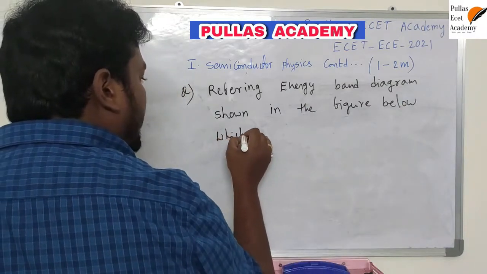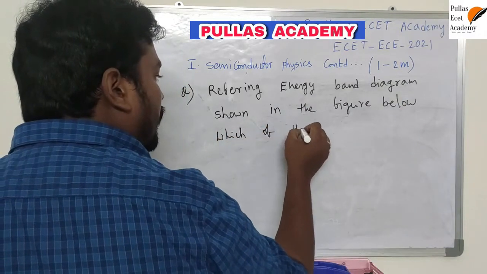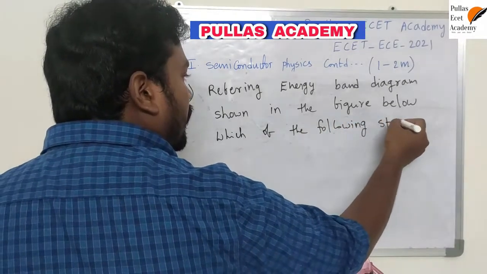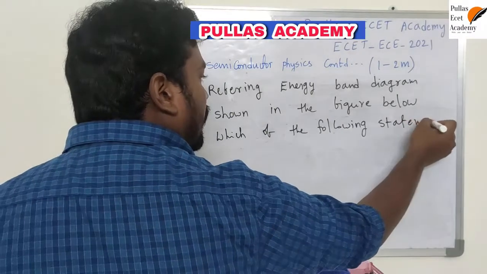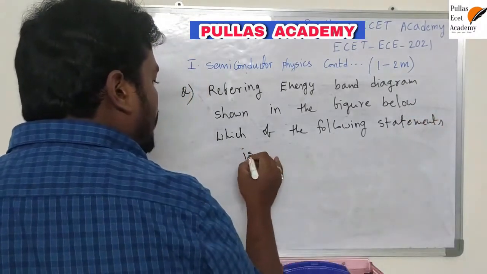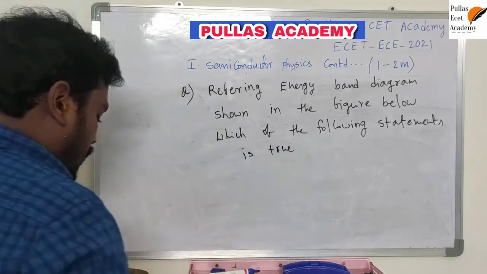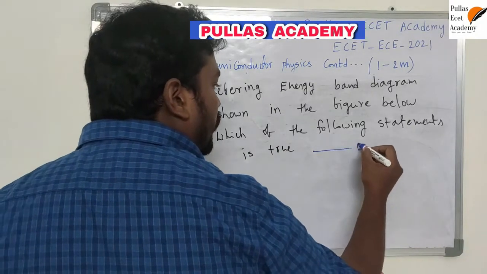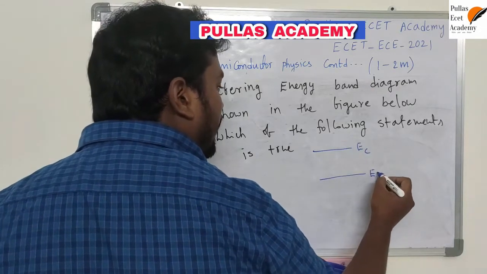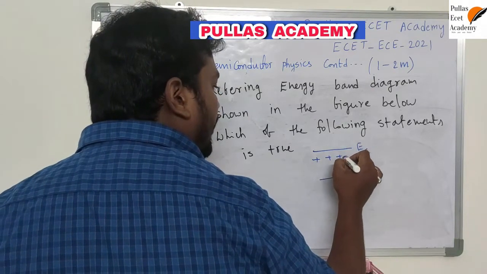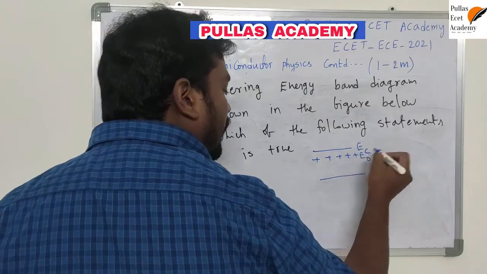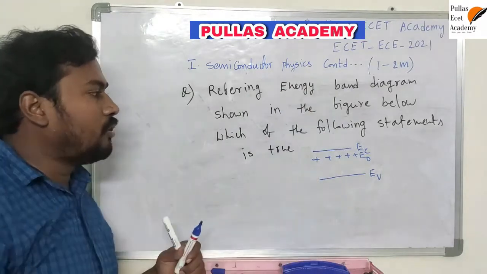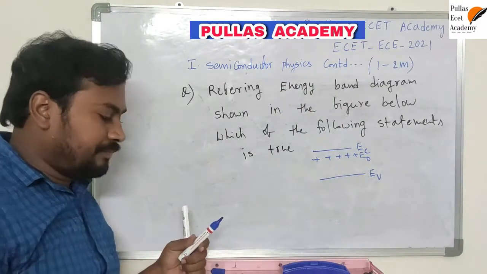Which of the following statements is true? So the given energy band diagram in the question is you have EC and you have EV and you have ED. So referring energy band diagram shown in the figure below, which of the following statements is true?